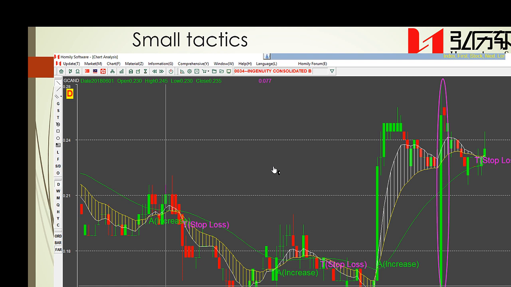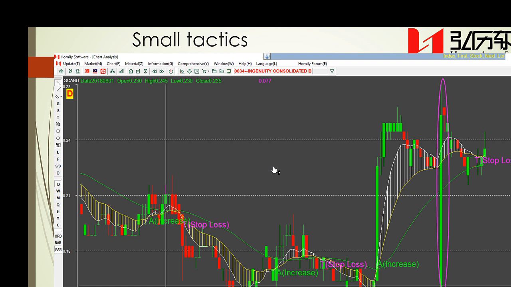We can see here it's very strange, right? I think it is suitable for intraday. He just jumped to the previous low point, and then pulled up again.